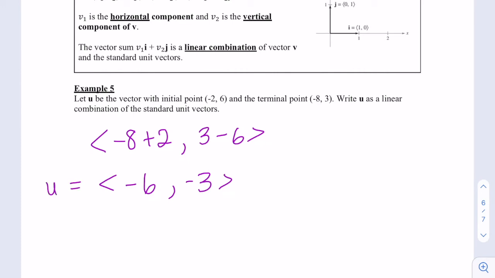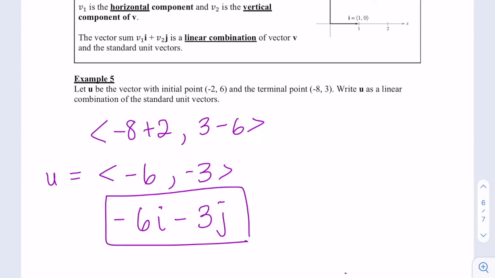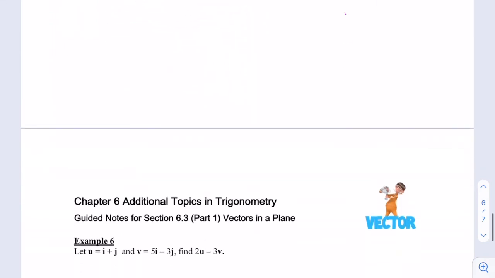And then if we want to write this as a linear combination, we're going to use i as the horizontal component and j as the vertical component. So it's just going to be -6i minus 3j. It's that easy.